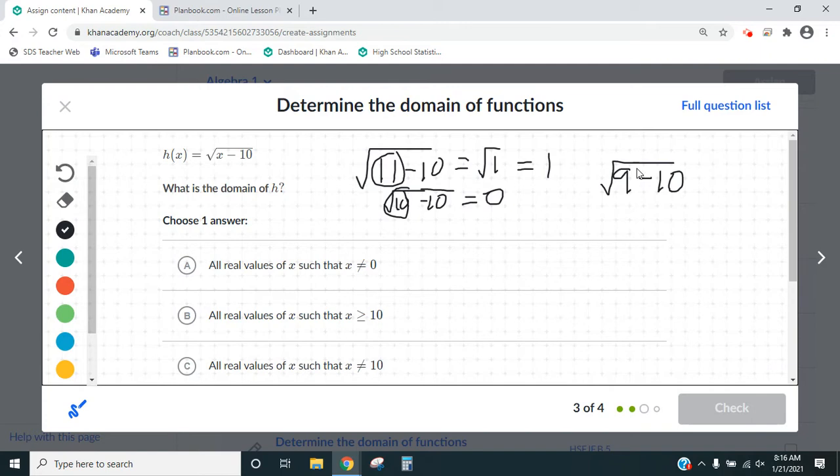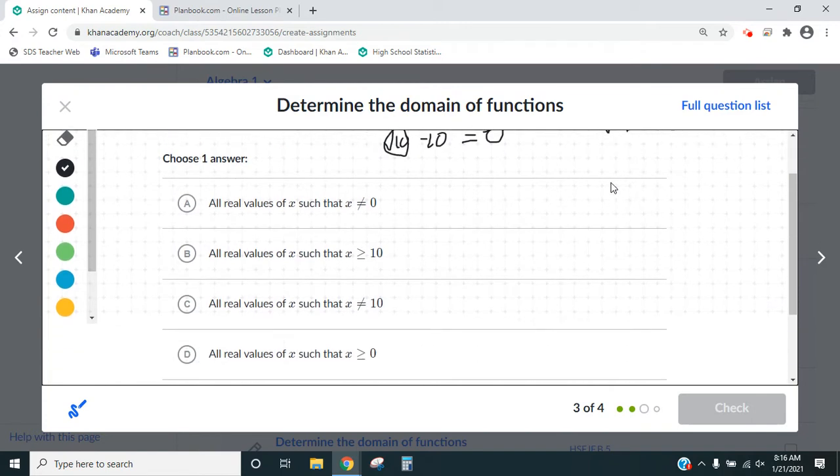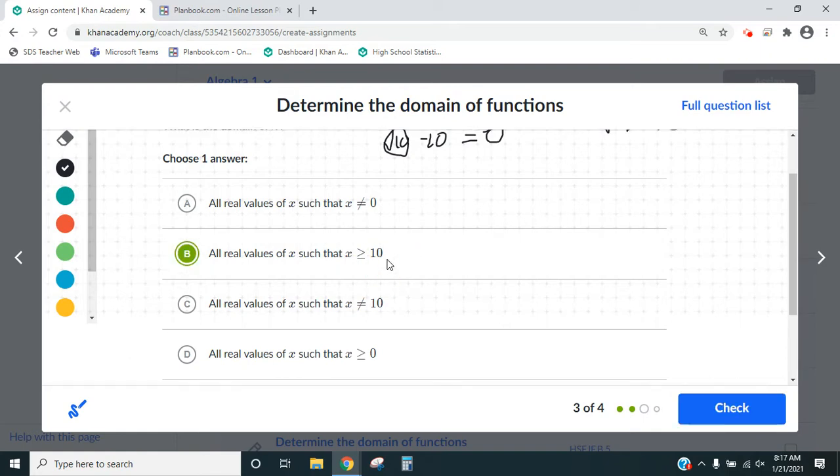So think about what I'm saying. Once we plug in a number below 10, we can't do that, right? So if we go under 10, it won't work. So how can we say it will work? Anything that is right there, right? So anything that is greater than or equal to 10.